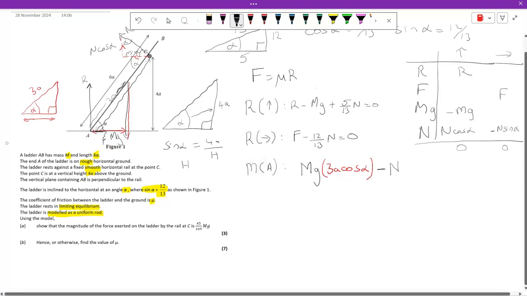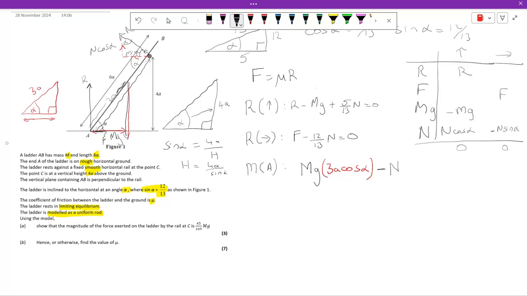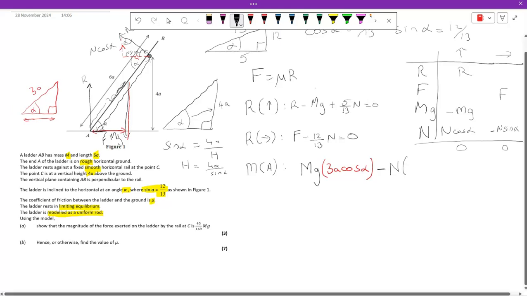I can rearrange to say h is equal to 4a over sine alpha, and sine alpha was 12 over 13. That's going to be my perpendicular distance for the N force, so I'm just going to write that as 4a over sine alpha at the moment.